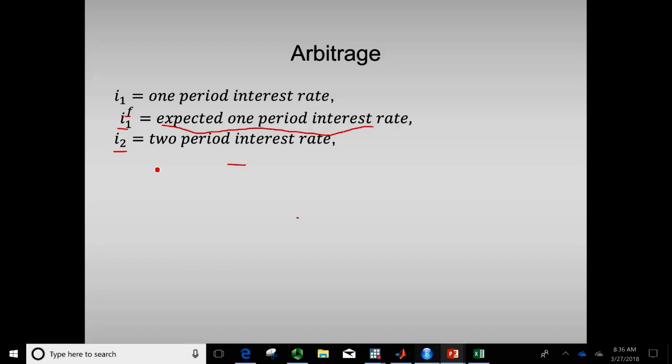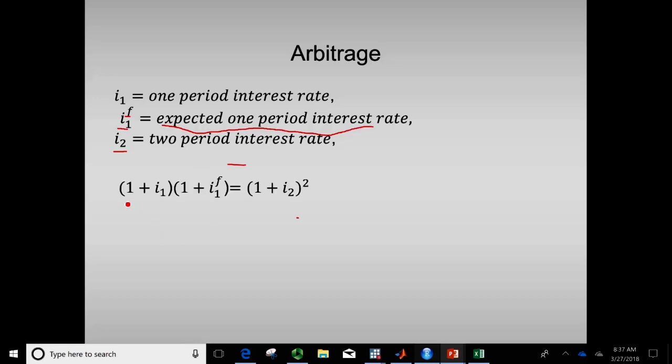Or I can just buy a long bond. Those are two different investment strategies. Either this rollover strategy, where I invest in 2 one-period bonds, or I take my same amount of money, I'm just going to use $1 here, and I invest it for I₂, and I lock that in today.